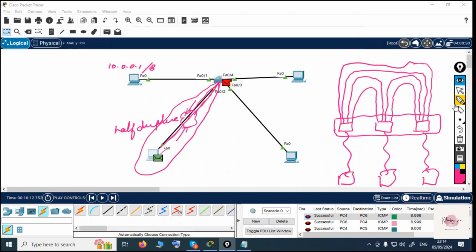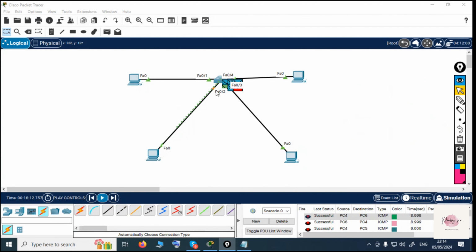So let's see what happens. It has not got configured properly because here we see this is still orange. Let us bring it to real time.